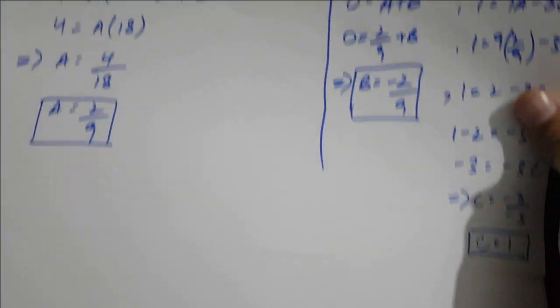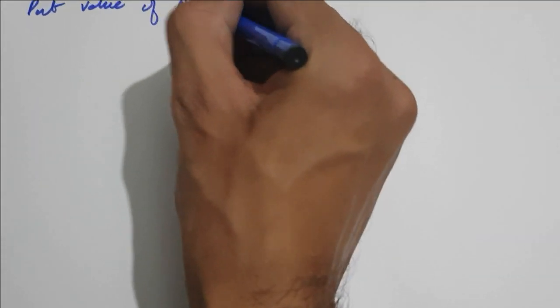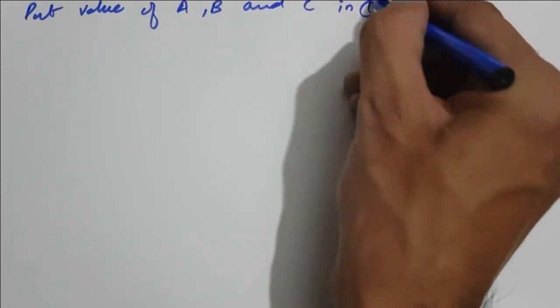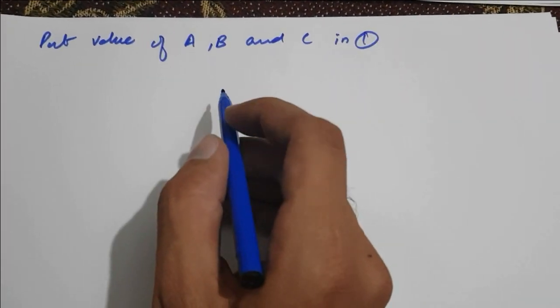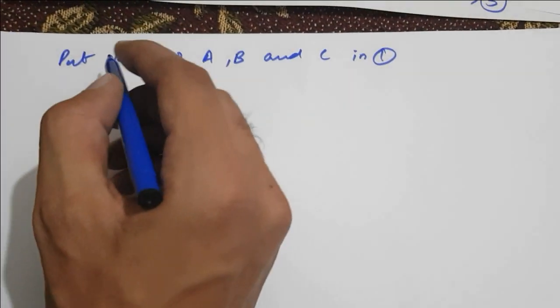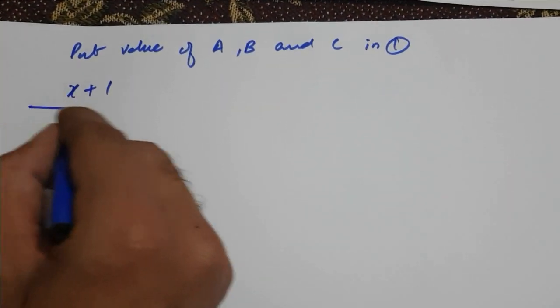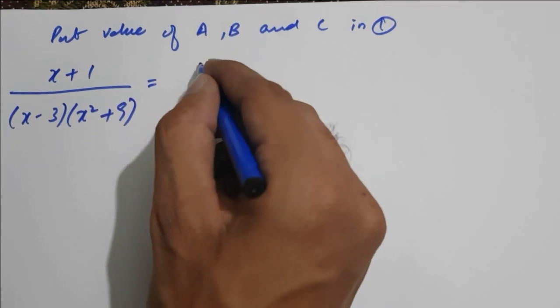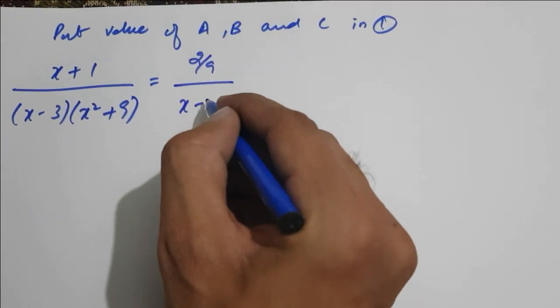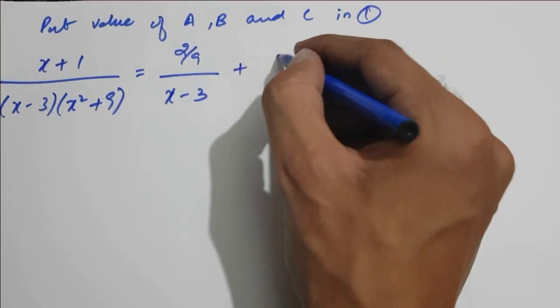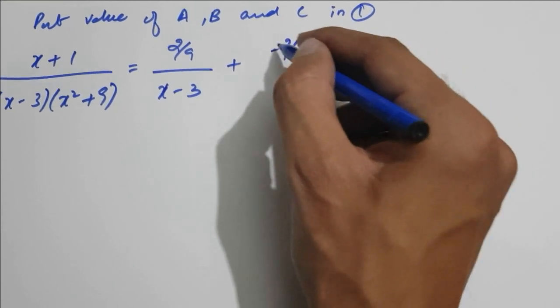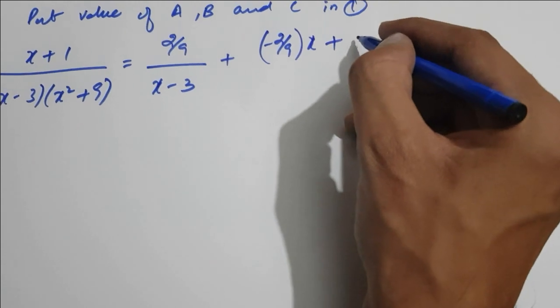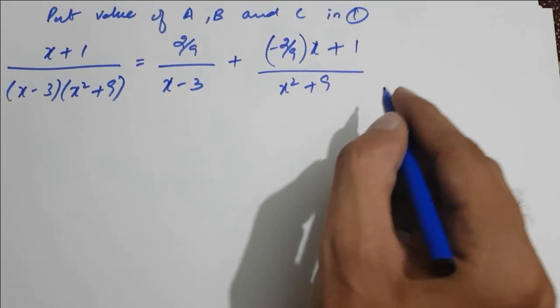Now we are going to put the values of A, B, and C. So we get x plus 1 over (x minus 3) into (x squared plus 9) equals (2 over 9) divided by (x minus 3) plus ((minus 2 by 9)x plus 1) over (x squared plus 9).